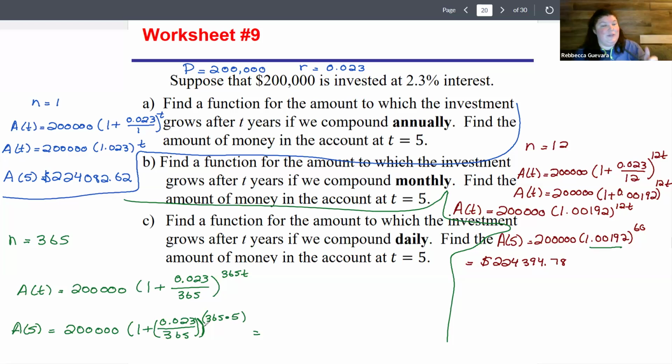We want parentheses around that 0.023 divided by 365. Then you want to have parentheses to include the one. Then make sure you have parentheses around the exponent, just to make sure that this works out correctly. In my case, it didn't because I messed it up. It depends on what calculator you're using what parentheses you need, but having all of these will not hurt you.